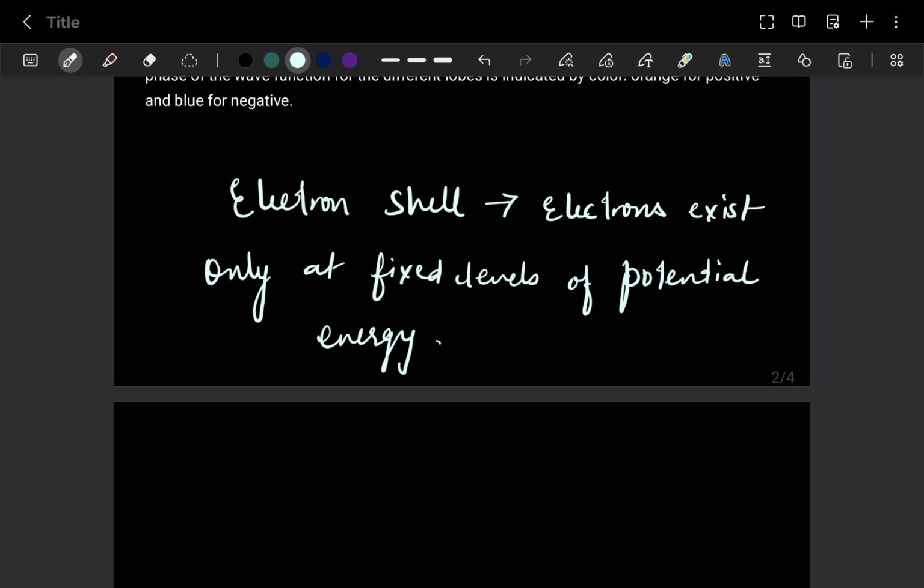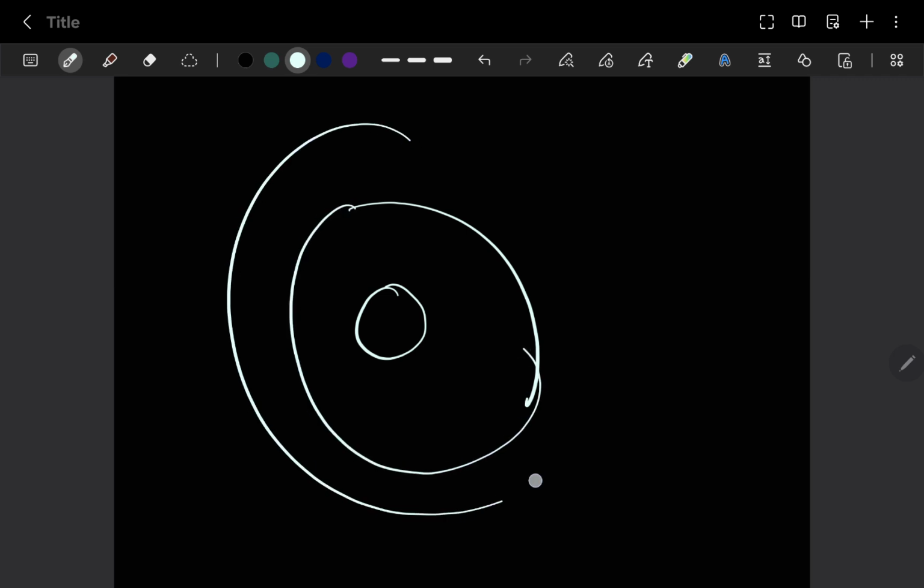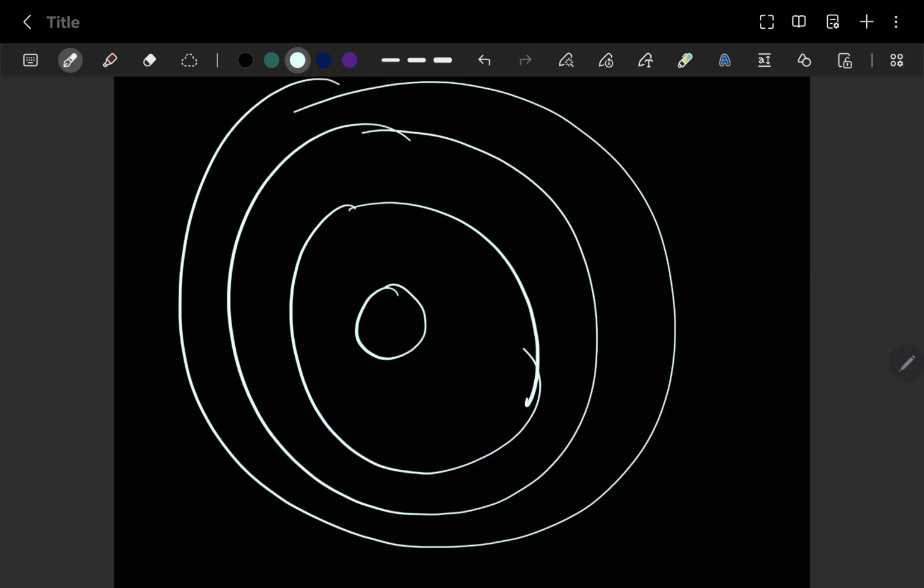For studying, we say this is the nucleus and there are different shells, first, second, third, and so on.